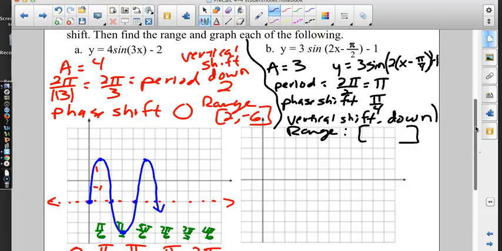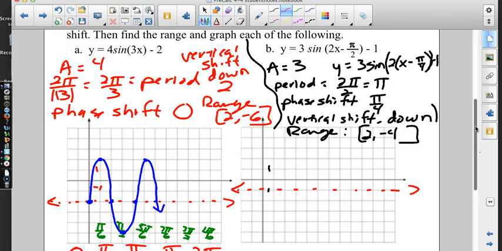Down 1, negative 1. Sorry, I should say negative 1. And we have to go up and down how many? 3. So negative 1 plus 3 gives you your high number. That's negative 1 minus 3. So we're going to go by ones. Let's at least get the helper lines on there before we forget about them. Down 1 is our new axis.